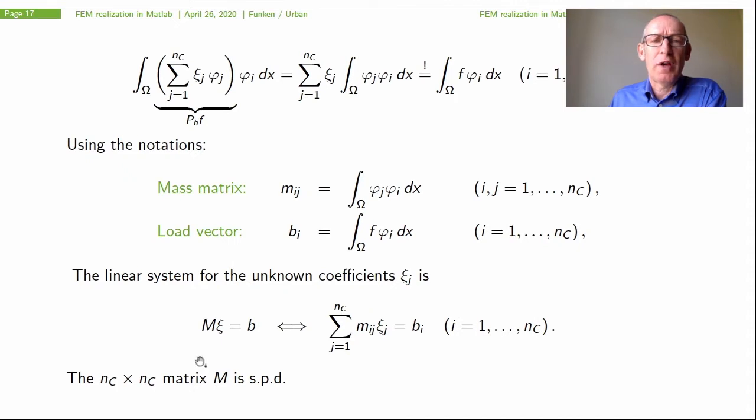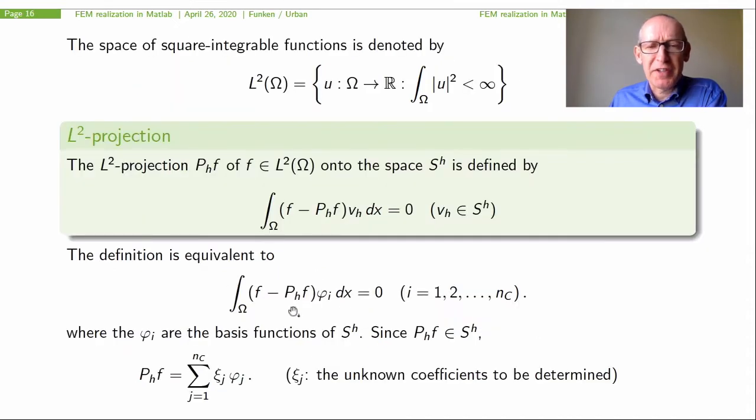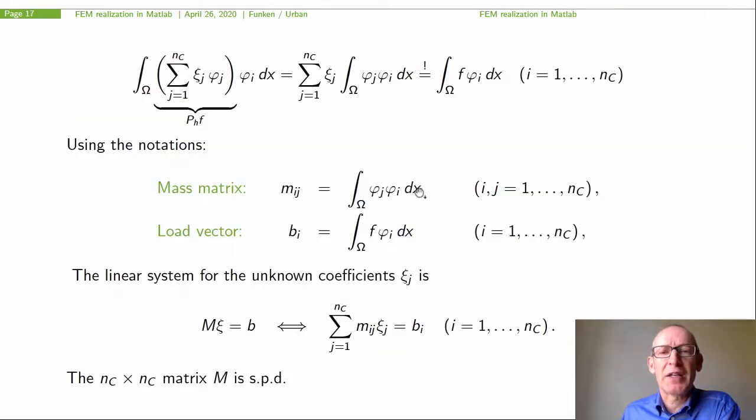Now this problem written here, we arrange this way: the integral of f times vi can be computed and it's known, so we write it on the right hand side. On the left with the unknown we have our projection times our test function.